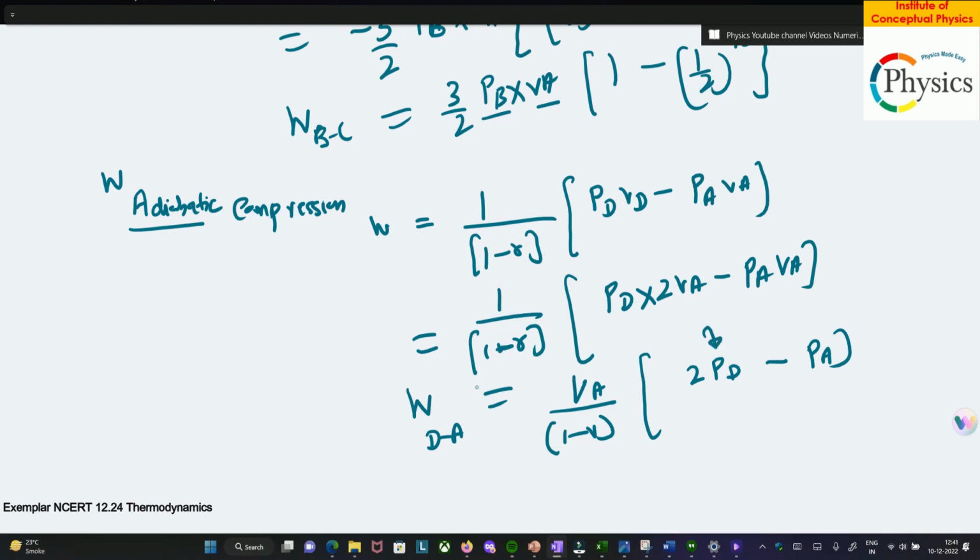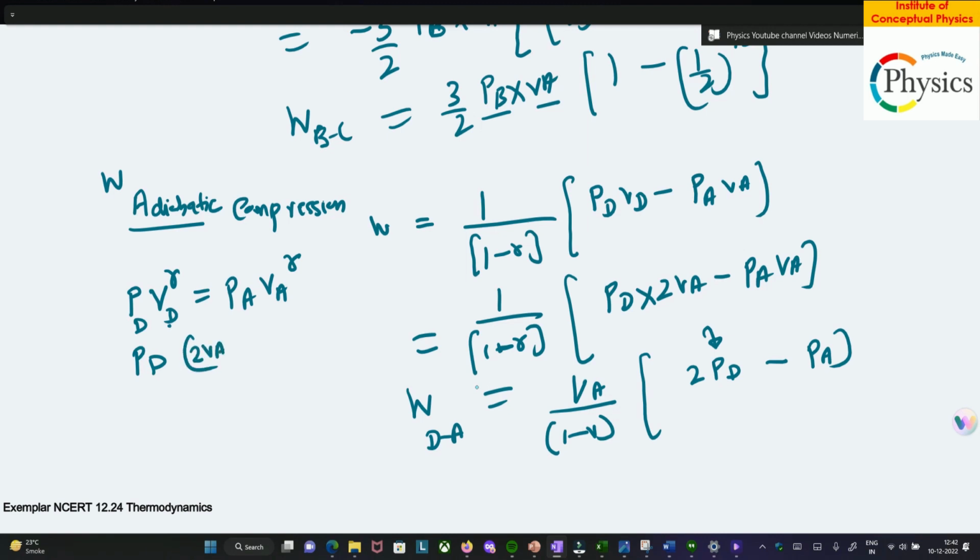So let's use the equations of the adiabatic PV process. PD VD^gamma is equal to PA VA^gamma, and we don't want PD. VD we already know is 2 times VA.